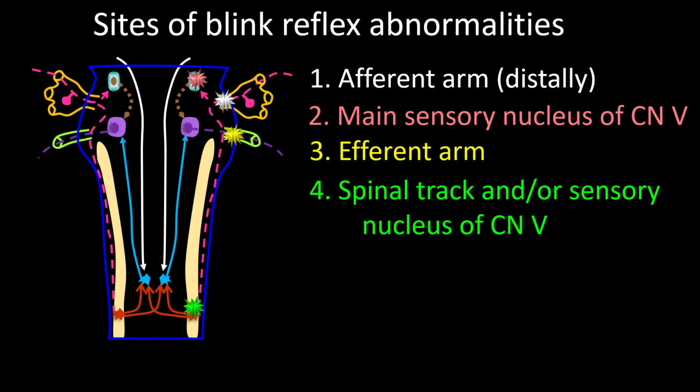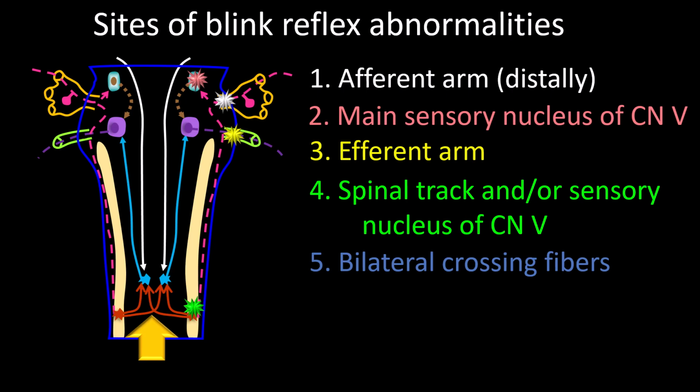This site includes the fibers in the spinal tract of the trigeminal nerve traveling towards the caudal neurons in the spinal nucleus, indicated by the white interrupted line, and the neurons in the spinal nucleus of the trigeminal nerve involved in the blink reflex. This site will be signaled by a green burst in those neurons.